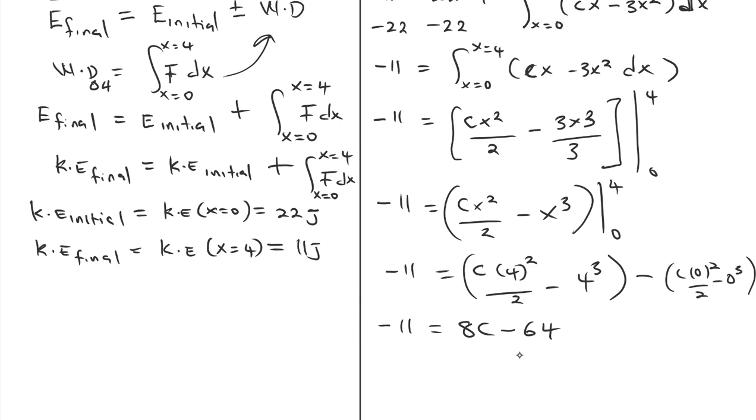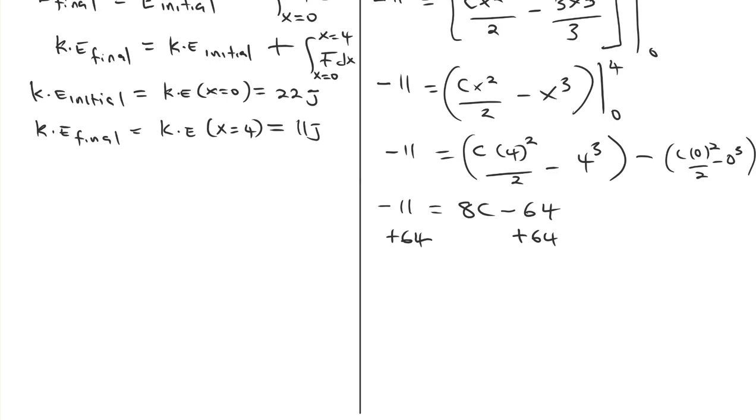We can add 64 to both sides, and this will give us 53 on the left hand side is equal to 8c. By dividing both sides by 8, we arrive at c equal to, we can just leave it as 53 over 8.